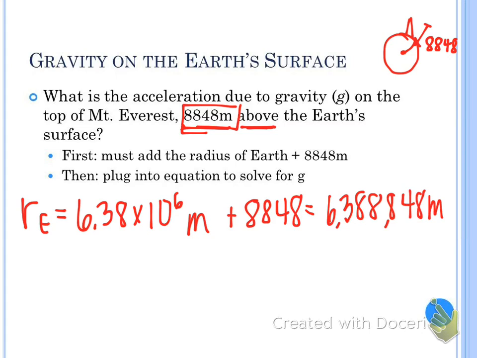From there, all we're going to do is plug these numbers that we have into our acceleration due to gravity equation. Okay, little g equals big G times mass of the Earth over r squared.